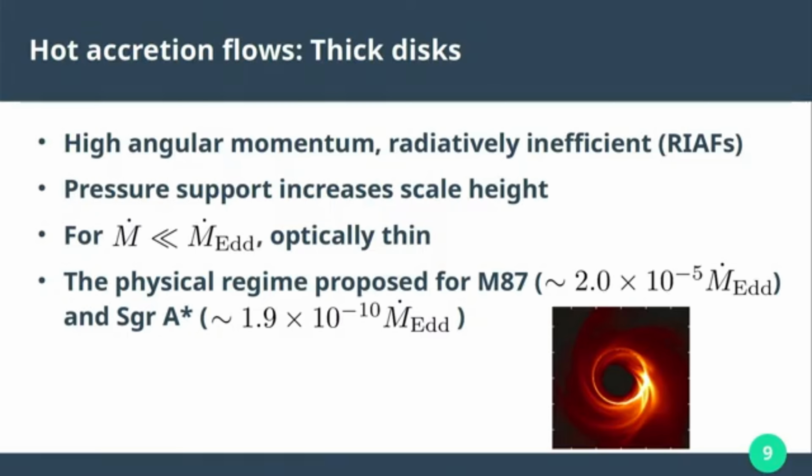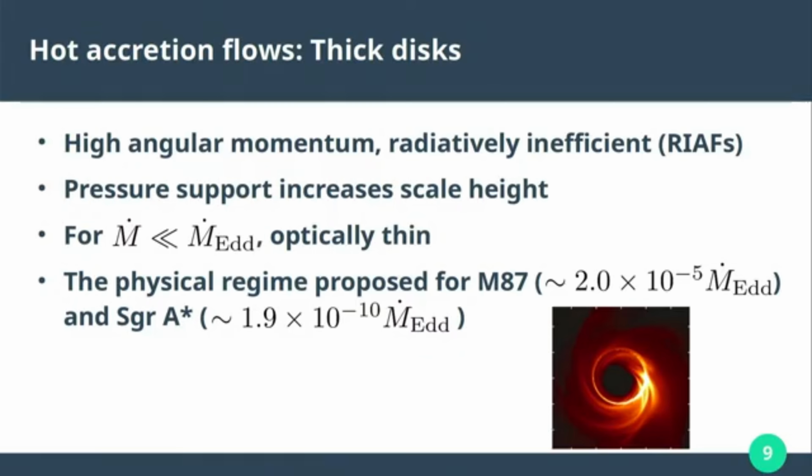The time scale that it takes for the plasma to cool is much larger compared to the time that it takes to accrete onto the black hole. So the plasma stays with its energy, and most of the energy transport happens because the plasma moves. So energy moves with the plasma. That is what is called advection. So the advection of energy.